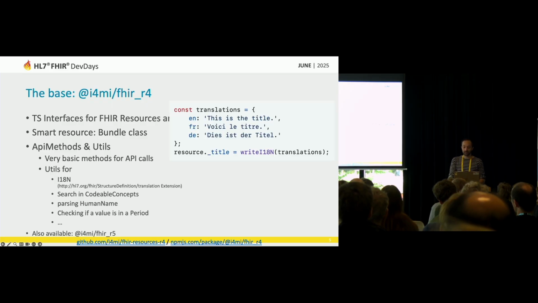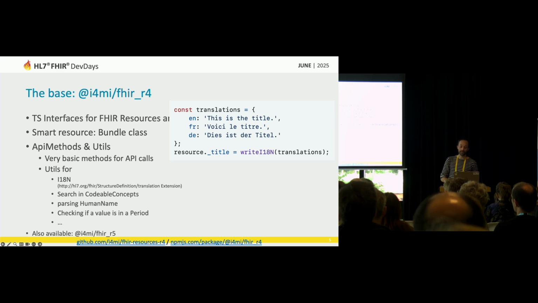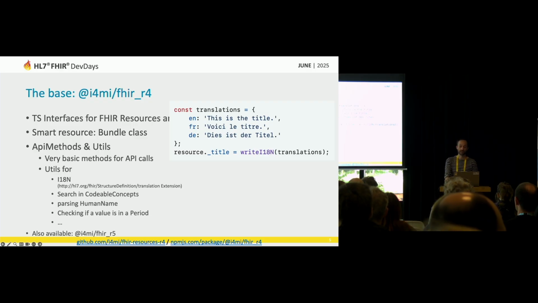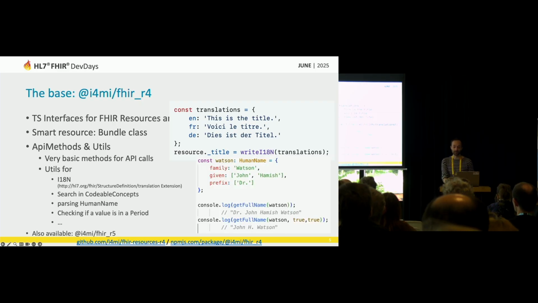Important in Switzerland is support for the translation extension, where you can just throw a key-value pair with translations at it, and it generates the extension for use in various fields of the resource. It's quite useful if you live in a country with four official languages. We have stuff like parsing a human name into display strings. It's not rocket science, but very nice if you don't have to do it every time again.